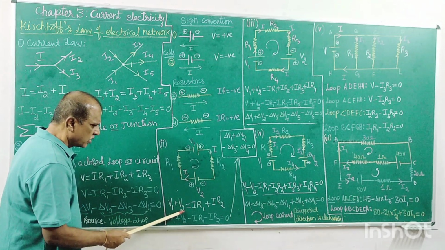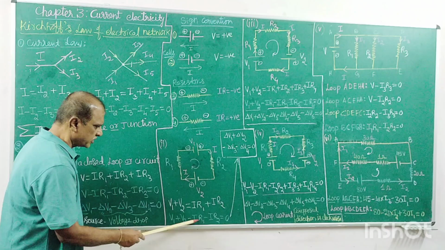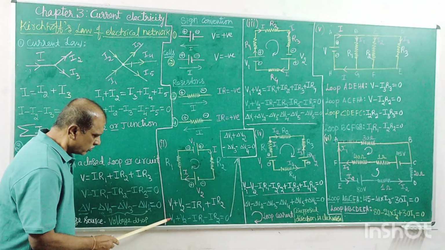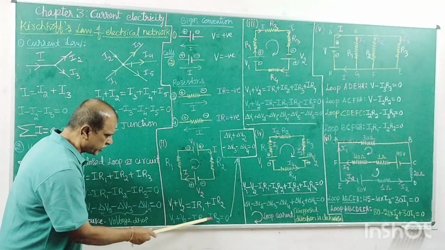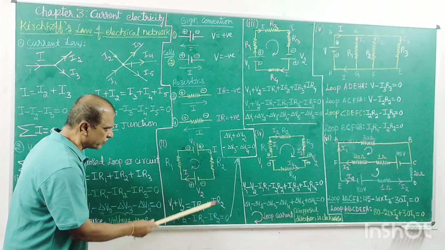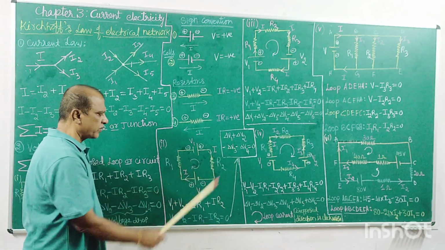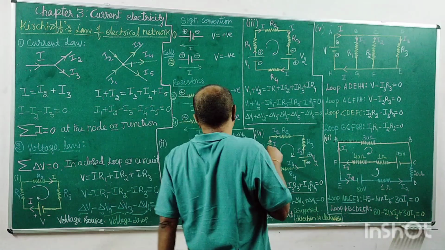It is the same as potential rise, potential drop, rewritten like this: potential rise, potential drop, potential drop. The summation is 0. Summation is very important. That is the voltage law for this loop.